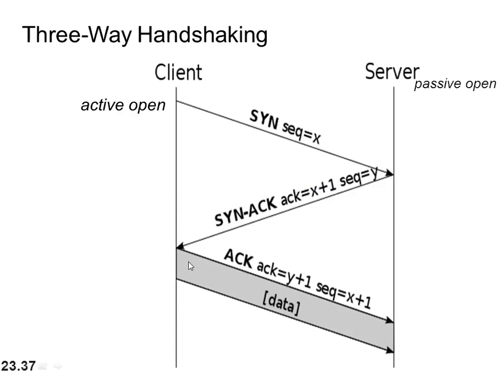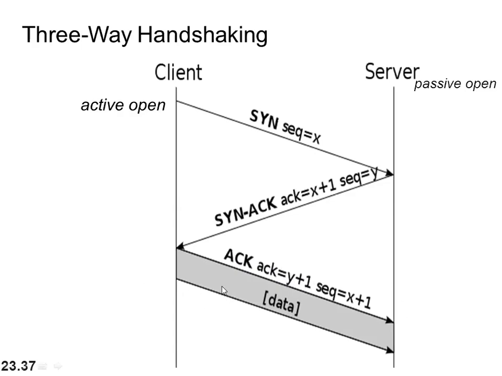How will this acknowledgement be identified? By the number, which is just Y plus 1. So the client is now expecting to receive Y plus 1, which has 2 meanings: the client is expecting to receive Y plus 1, as well as acknowledging that the packet with sequence number Y was received successfully.